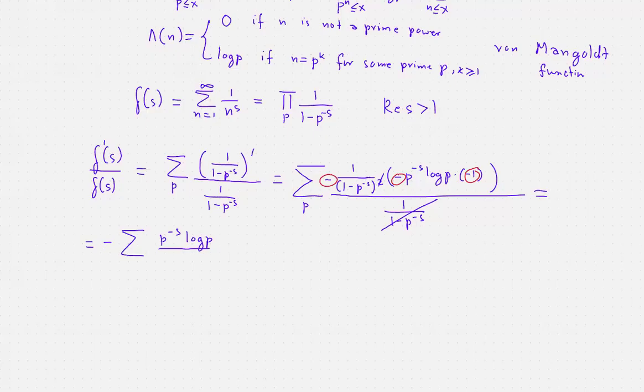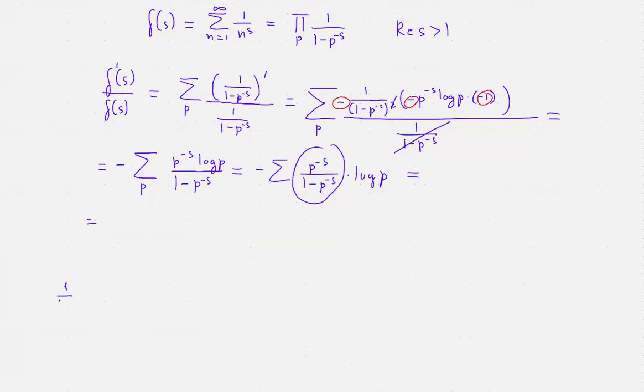Now we do the following thing. We take this part, and we realize that what we have here is the sum of a geometric series. In particular, 1 over 1 minus x is 1 plus x plus x squared and so on.